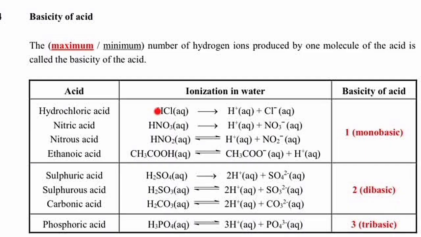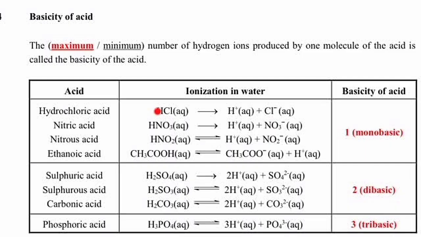Now that means that the hydrogen ions in acids, maybe not all, can be replaced by metallic ions. So the number of such replaceable hydrogen ions present in 1 mole of an acid is what we call the basicity of that acid.